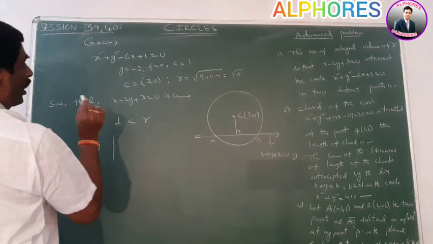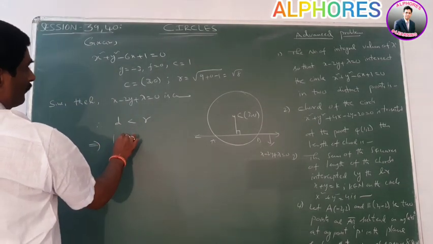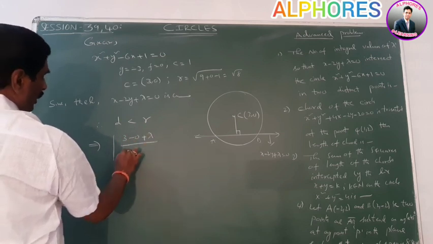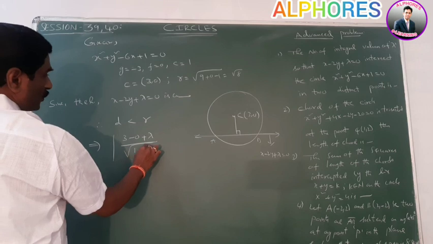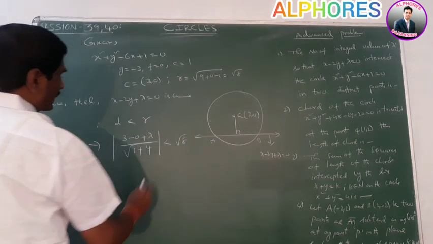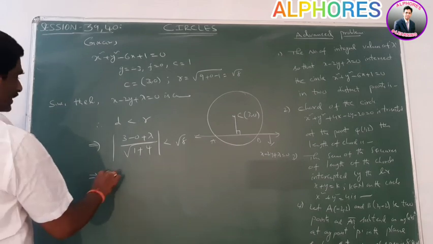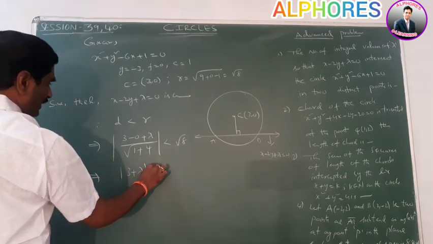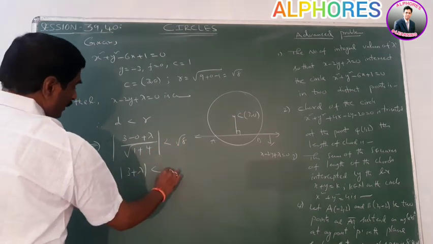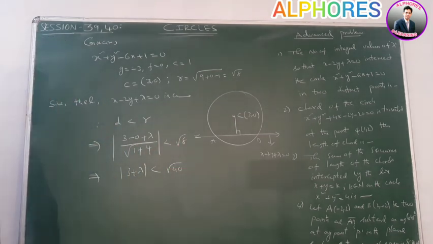That means mod of 3 minus 2 into 0, which is 0, plus lambda, by root over a square plus b square, which means 1 plus 2 square, which is 4, is less than the radius of the circle, root 8. That means mod 3 plus lambda is less than root 5 into root 8, which means root 40. This value is less than root 40.